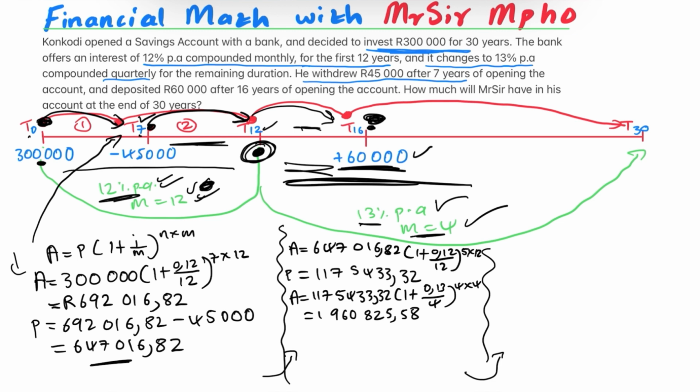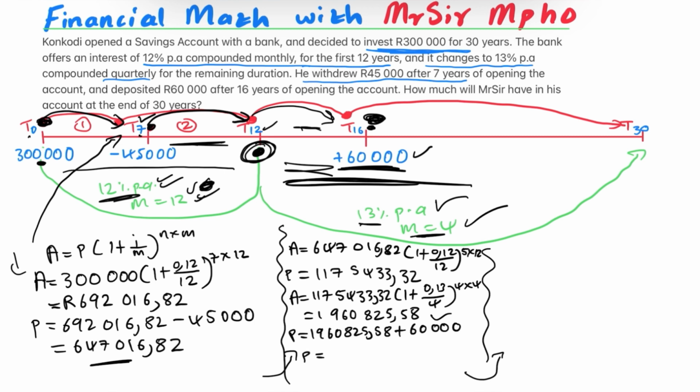So now let's see. Remember, after 16 years, you will go to the bank and deposit 60,000, meaning you're going to add 60,000 Rand to whatever you find in your bank account. And this is how much you found in your bank account. So what are you going to do? You're going to add 60,000 Rand. So my new P will be equal to 1,960,825.58 plus 60,000 Rand.